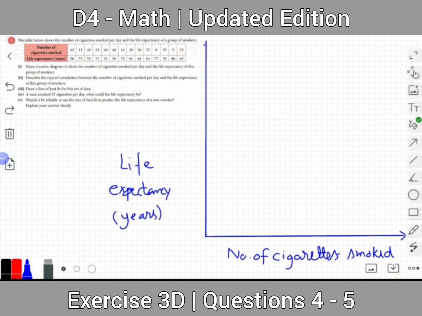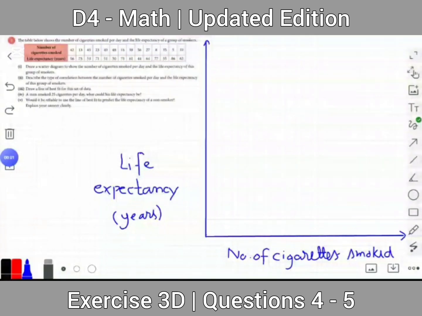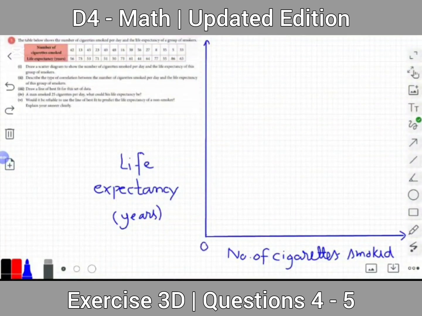Now we will scale the x-axis and y-axis. Here we have 0, 10, 20, 30, 40, 50 and 60.